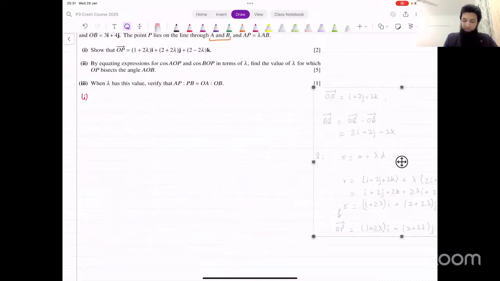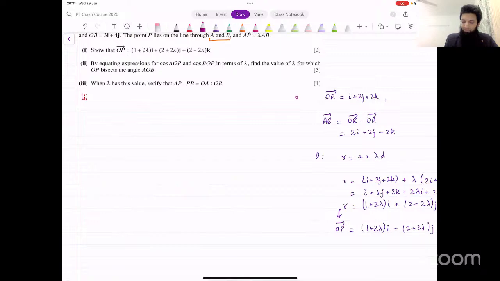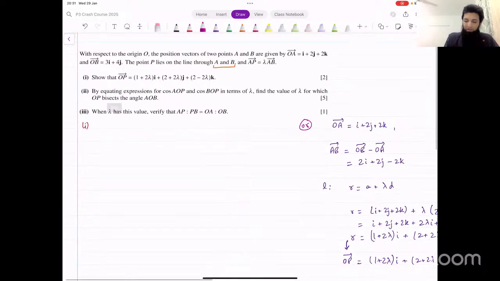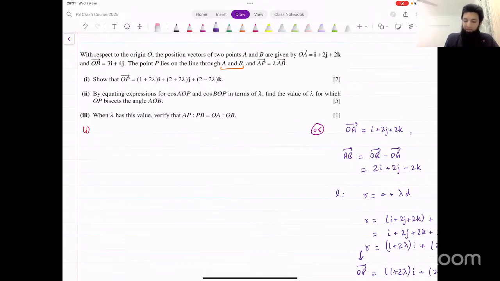Okay, so another way to think about the same thing could be using this relation that they've given in the question. They have told you that AP vector is equal to lambda times AB vector. Let's write that down here. AP vector is equal to lambda times AB vector. Now, what are we looking for? We are looking for OP, right? We want to find OP vector.